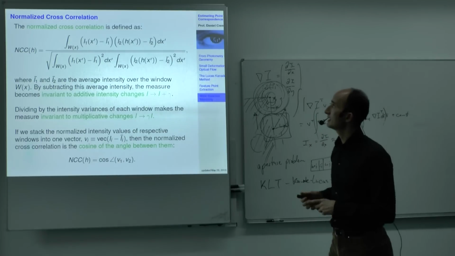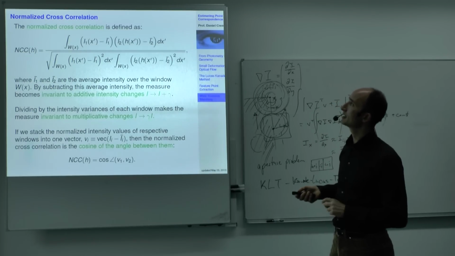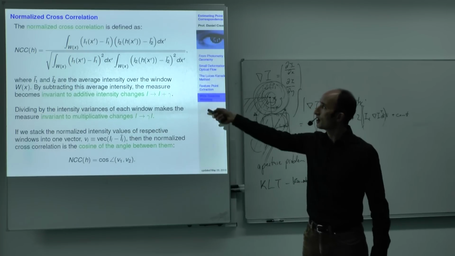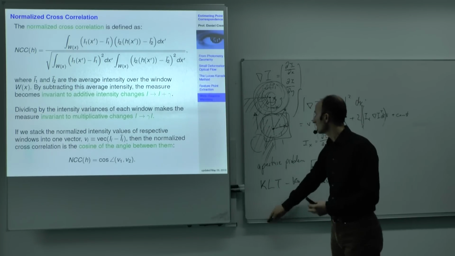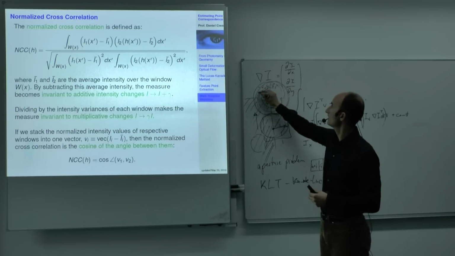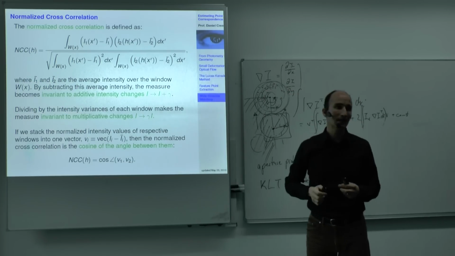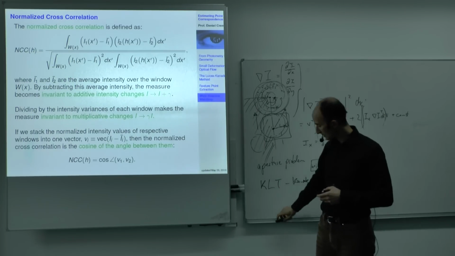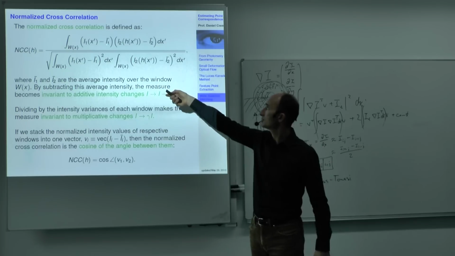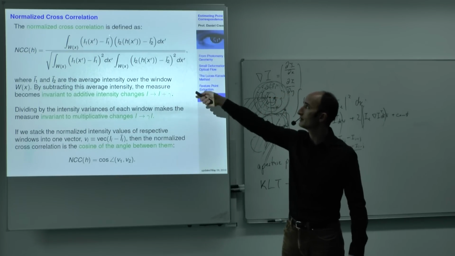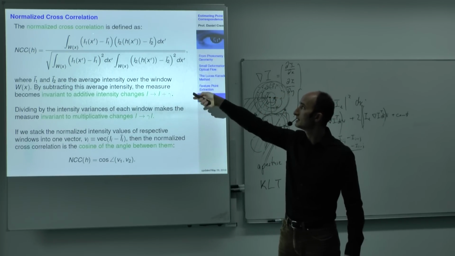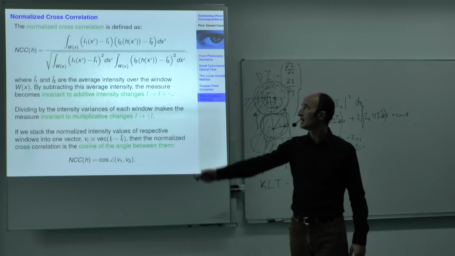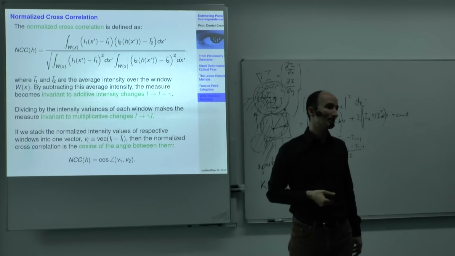To estimate the normalized cross-correlation, you take your window, W, and all the intensities in that window, compute the average brightness, and then subtract that average brightness. This average brightness in the first image, I call I1 bar, is the average brightness in my window in the first image, and I2 bar is the average brightness in the second image.